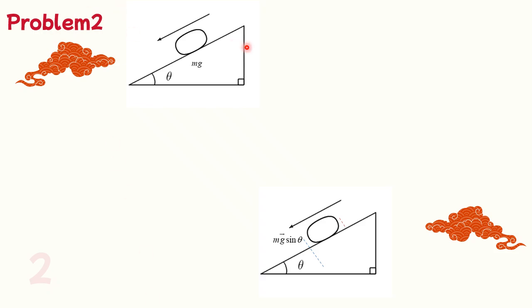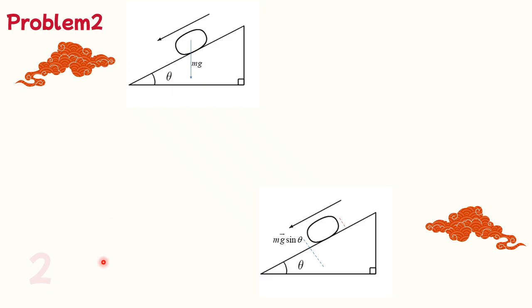Problem 2. We have an object which slides on the surface of an inclined plane, and this plane has an angle theta. First of all, we would like to find all the forces that act on the object when it slides here. The first one is the weight, the object's weight, whose direction is always downwards.